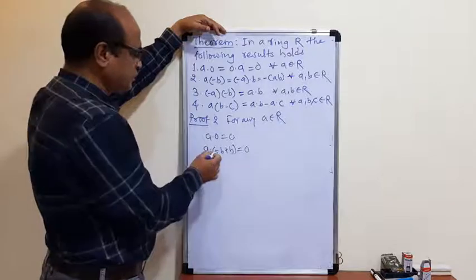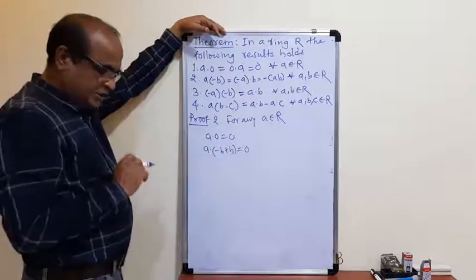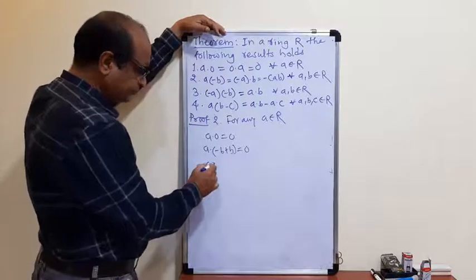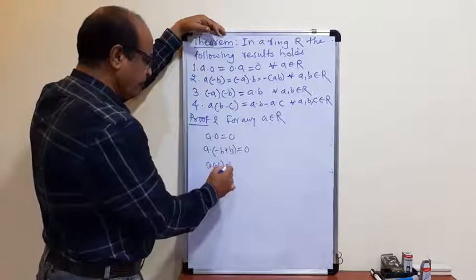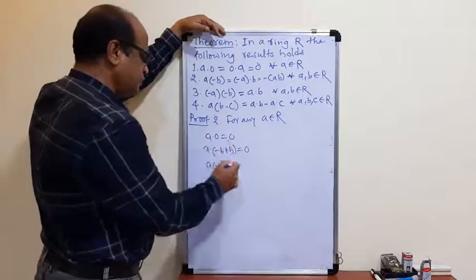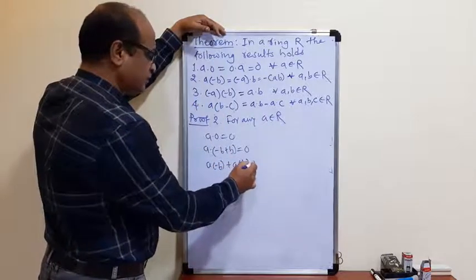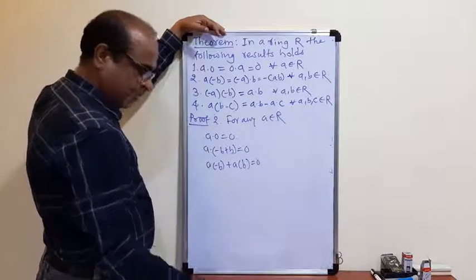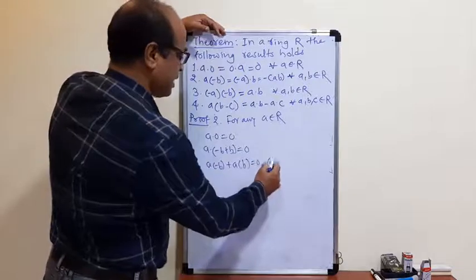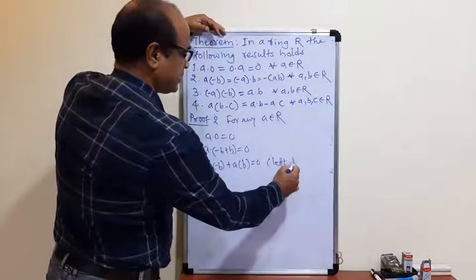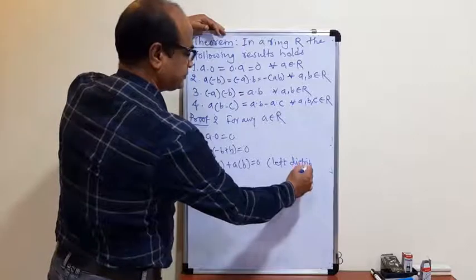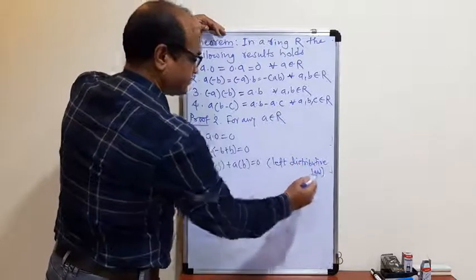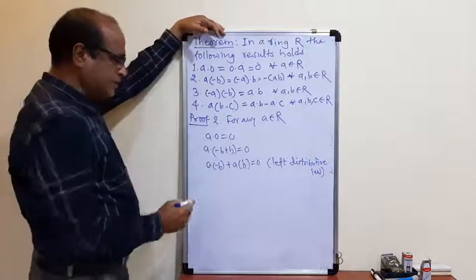So we can write 0 is equal to minus B plus B. This can be written as A into minus B plus A into B, which is equal to 0. Why? Because of the left distributive law.